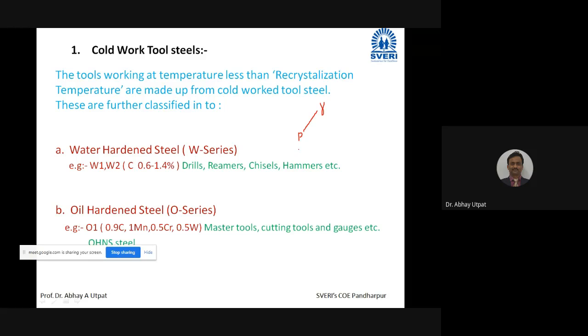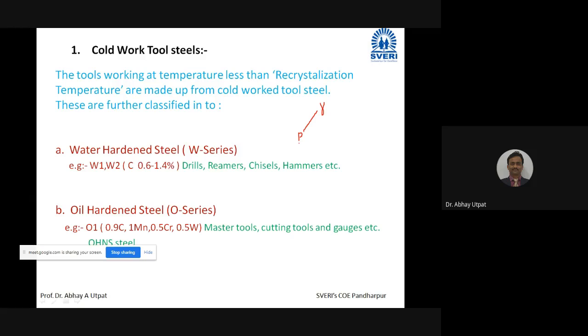So the earlier room temperature crystal structure, BCC plus orthorhombic, is converted into austenite. Means what? Tell immediately. Somebody unmute and tell.